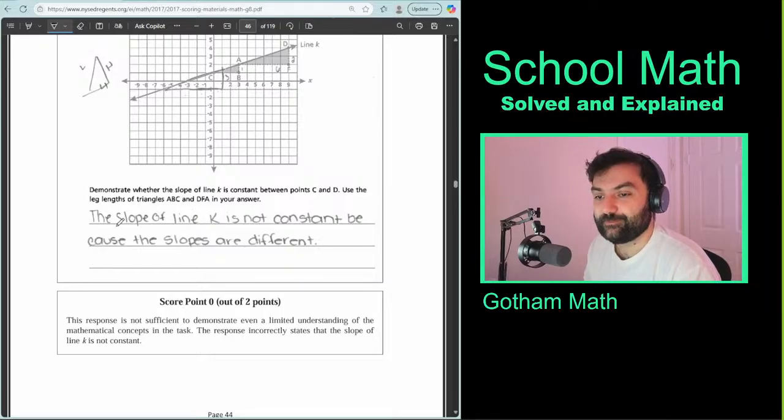Look at this. Look how nicely it's written, how neatly, every letter. It's not cursive, right? But look at the handwriting. The slope of the line K is not constant because the slopes are different.